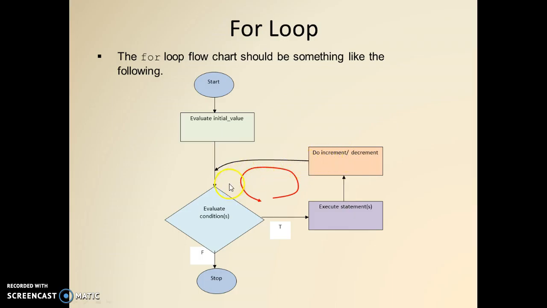Then once again it goes to the conditional statement and checks the condition. If it is true, it executes the statements in the for loop again, and this process is repeated until the condition becomes false, and when the condition becomes false, it comes out of the for loop.